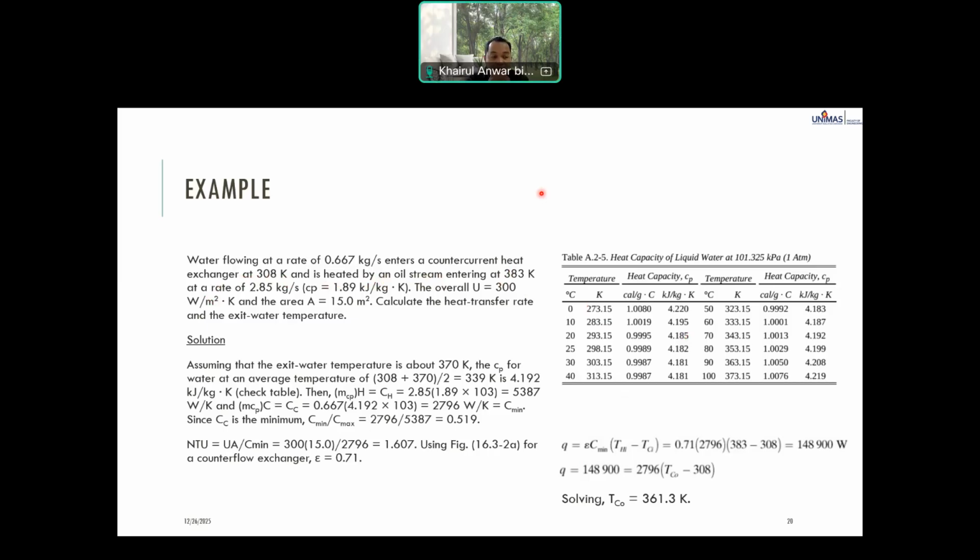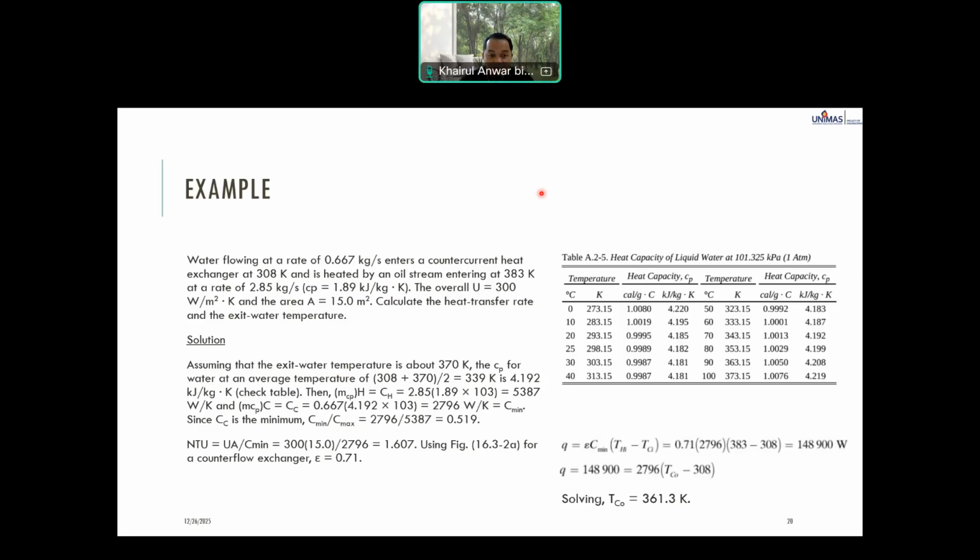Cp refers to viscosity. The overall U equal to 300 watt per meter square Kelvin, and the area equal to 15 meters square. Calculate the heat transfer rate and the exit water temperature.